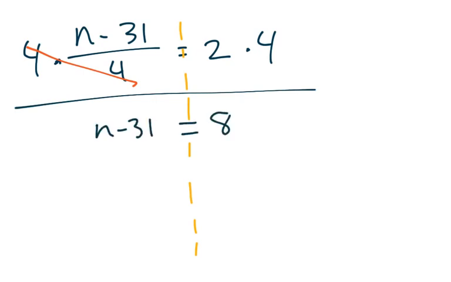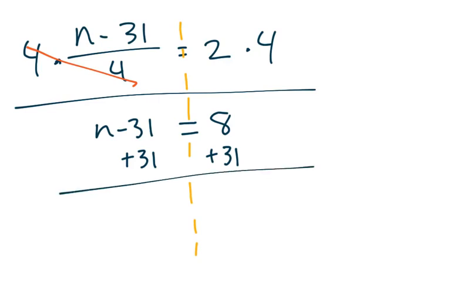Equals 8. Now, all that we have left to do is get n by itself is to use inverse operations of subtracting 31, so adding 31 to both sides. And we get n is equal to 39. And ladies and gentlemen, these are from what I'm pretty sure is going to be worksheet number 3.